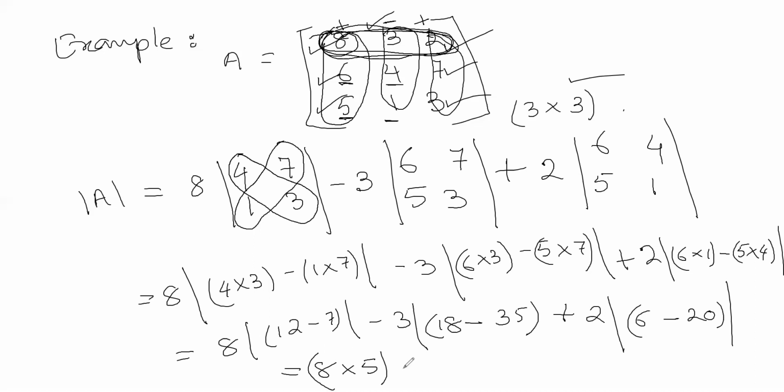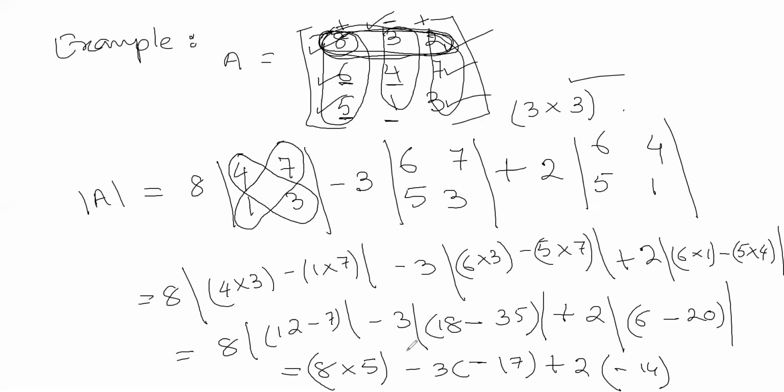Then we have a negative 3, so this negative 3 into negative 17, and then this 2 into negative 14.